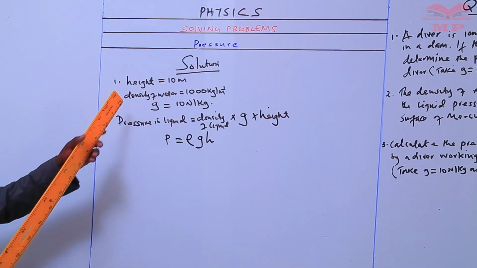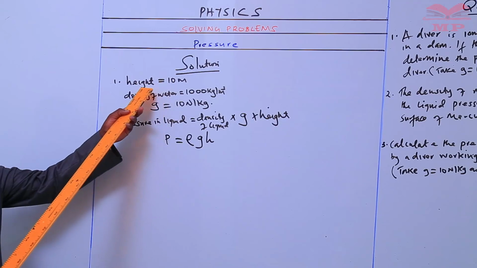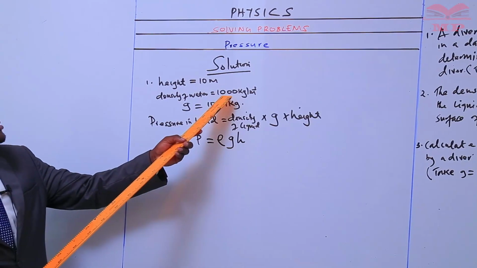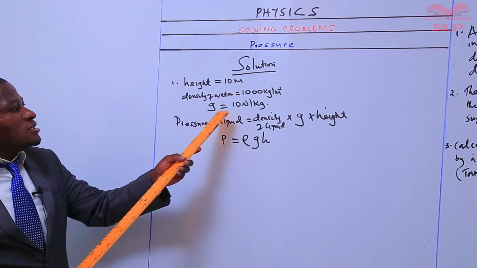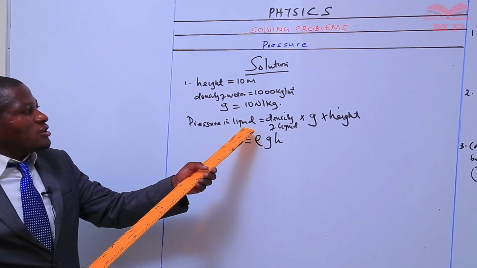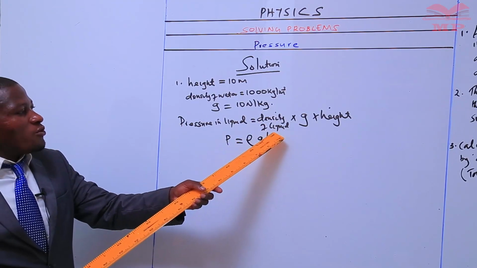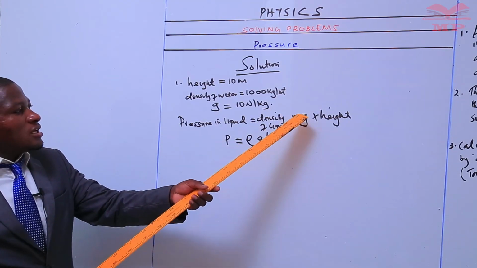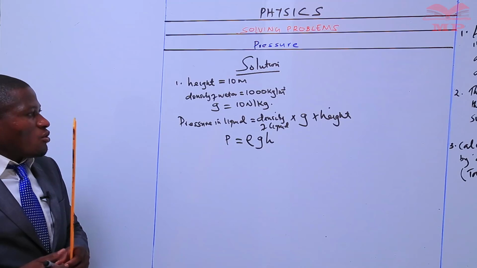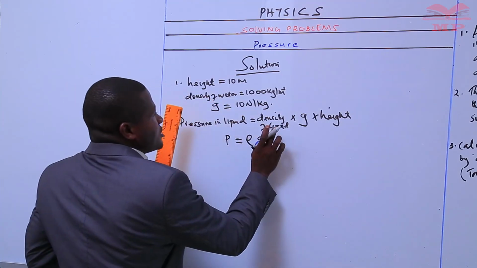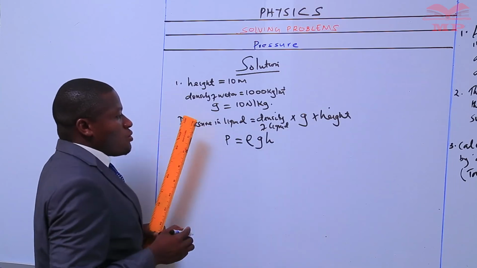From the variables that we have been given, height is 10, density is 1000, then G is 10. So pressure in water is given by density of water times G times the height of water. Remember this is a liquid, but I'm just referring to water.